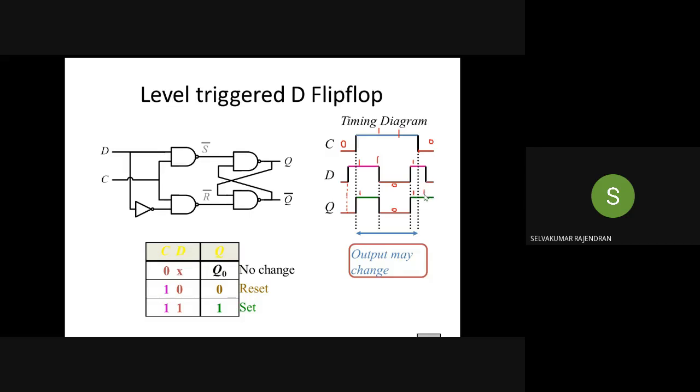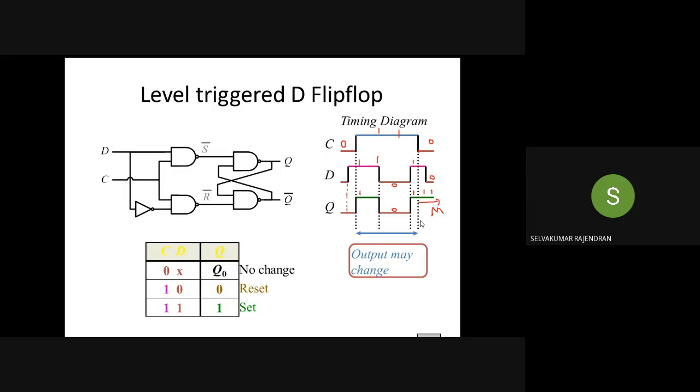So here also you can observe logic 1. Even though D goes to logic 0, it still maintains logic 1. That is, it goes to memory state. Hope you all understand this timing diagram.